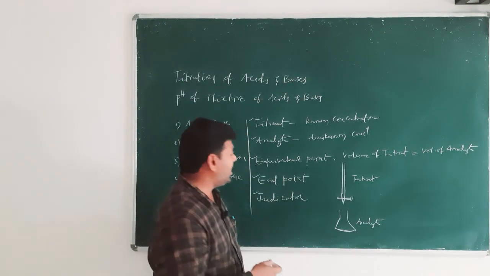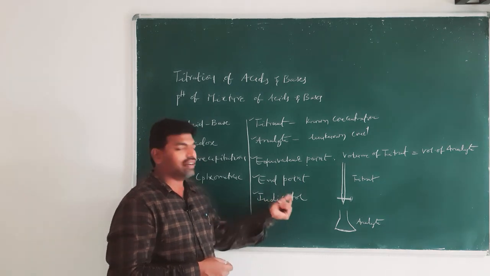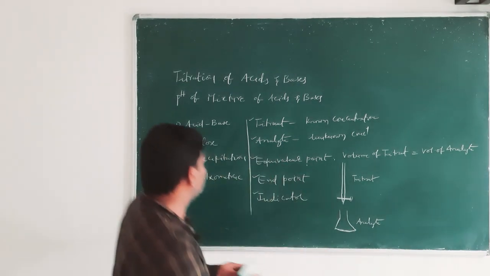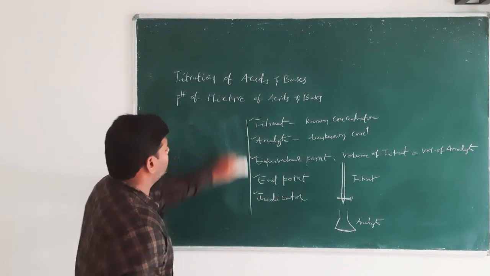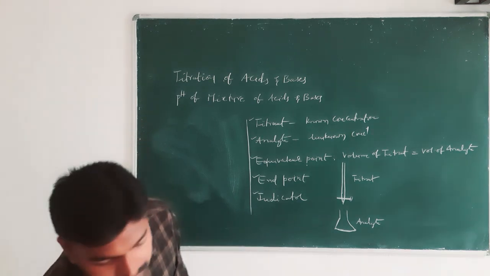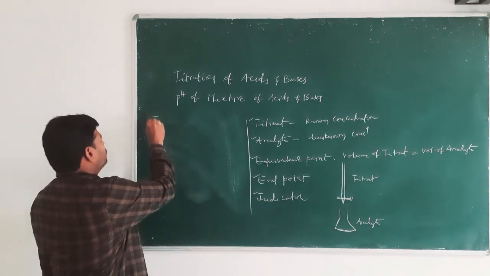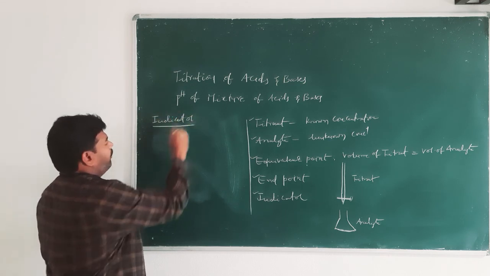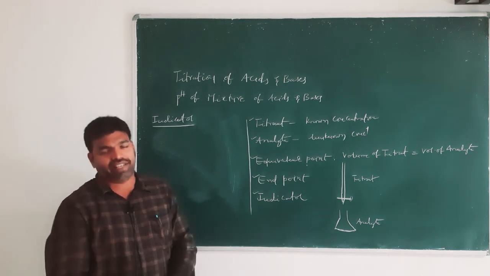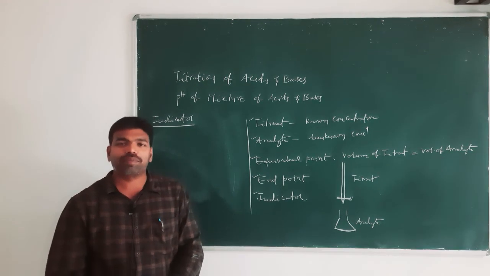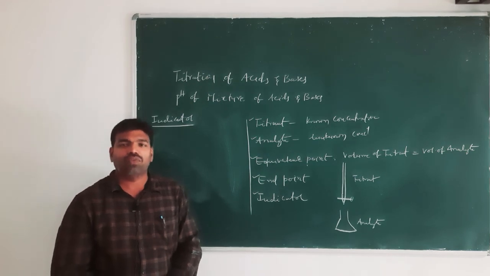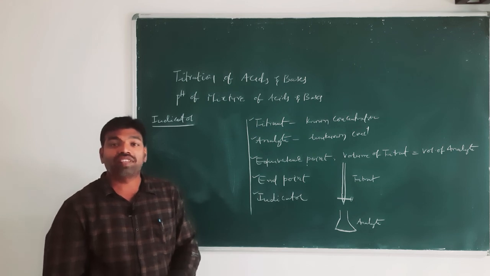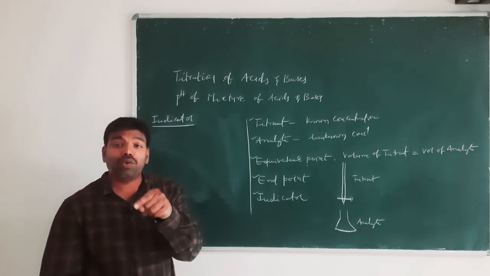And let us have a look at indicators. What is meant by an indicator? An indicator is a solution which indicates the end point of an acid base titration by undergoing color change.